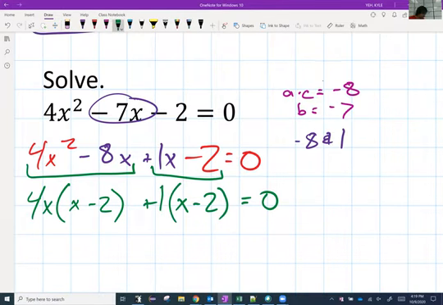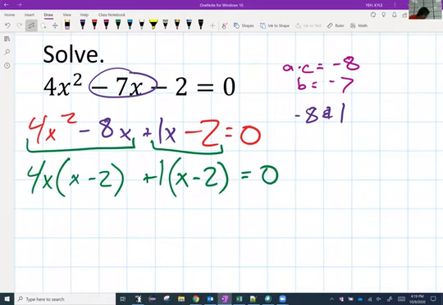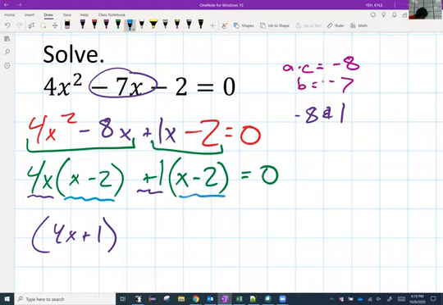We have x minus 2 on both of them, which means we've got the things we pulled out as one of my factors, 4x plus 1, and then whatever was left inside, x minus 2 as my other factor. This is now factored, and we can FOIL it. We can check and we'll see 4x squared minus 8x's, but plus 1x is minus 7x's, minus 2. We feel good about the factoring.